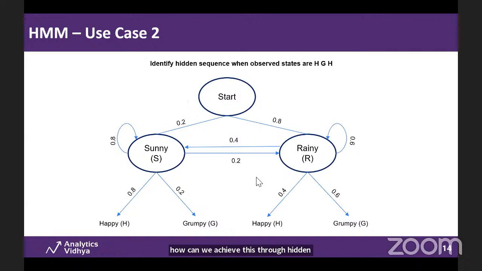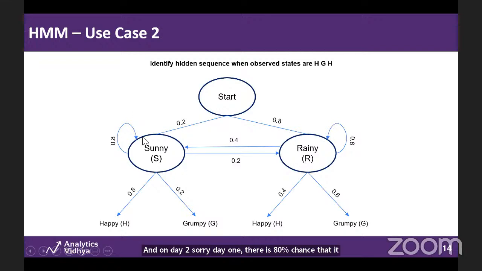Let us understand that. Here I have this probability chart, which indicates the start, or day zero. So at day 1, there is a 20% chance that it can be sunny, and on day 1, there is an 80% chance that it can be rainy.